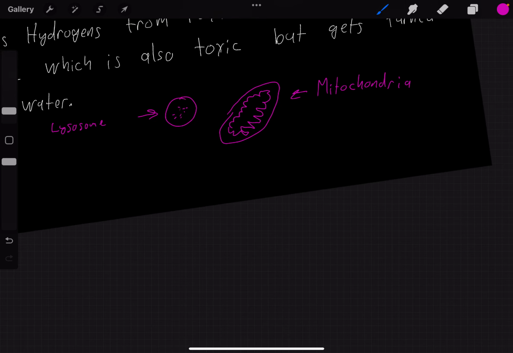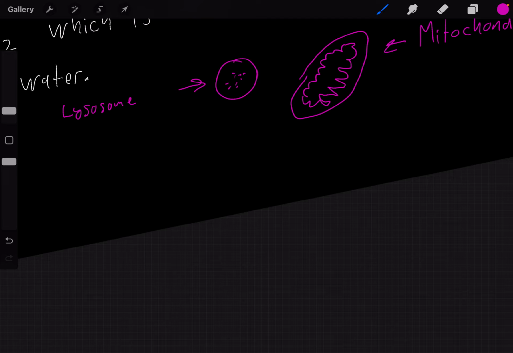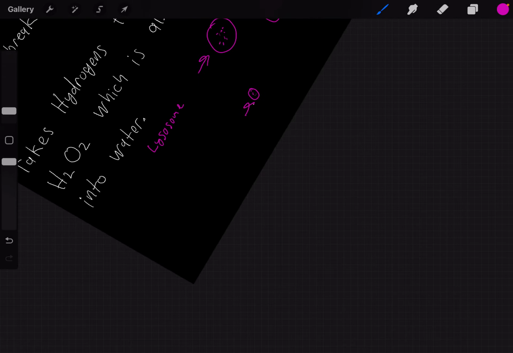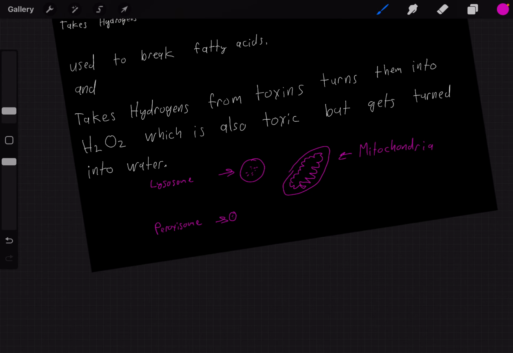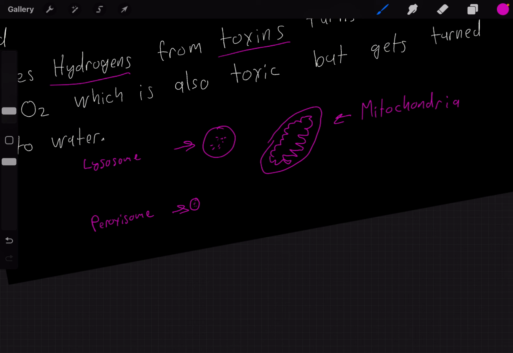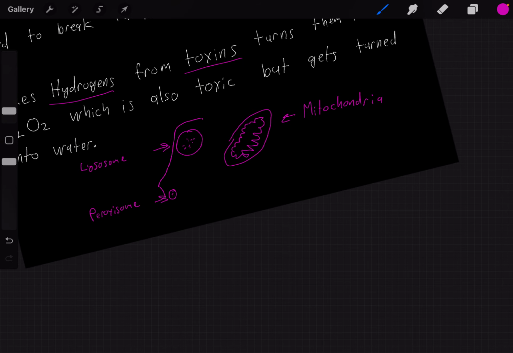The mitochondria, when it gets broken down by the lysosomes, produces toxins, and that's where the peroxisome comes into play. The peroxisome takes hydrogens from toxins and adds oxygens to them to make hydrogen peroxide. We'll talk more about that. So when all these three come together, there'll be a membrane around all of them.